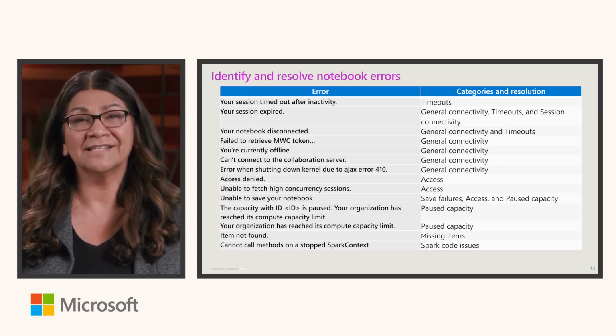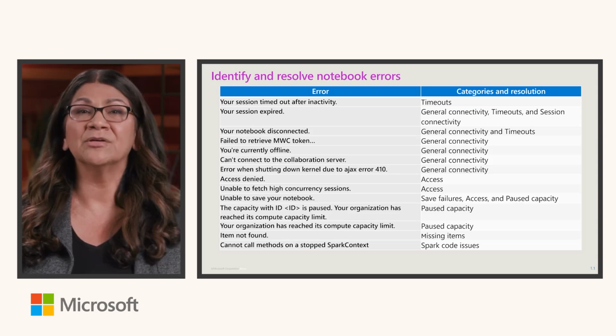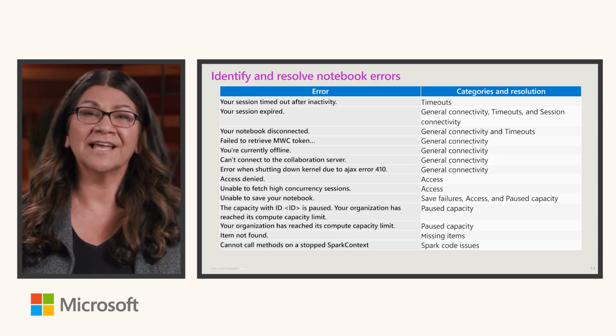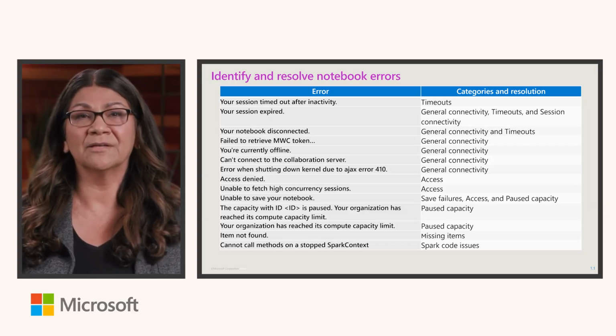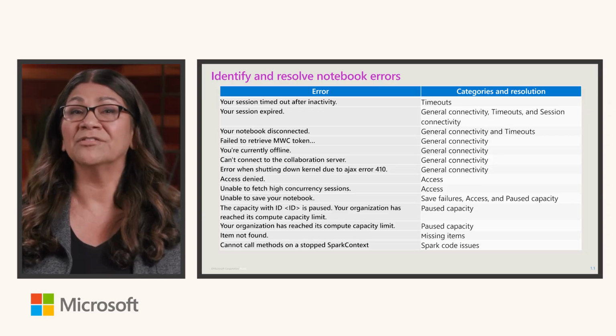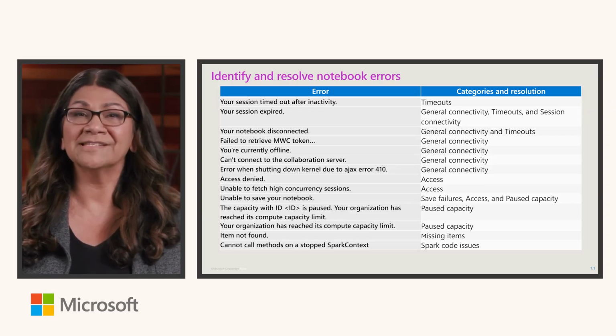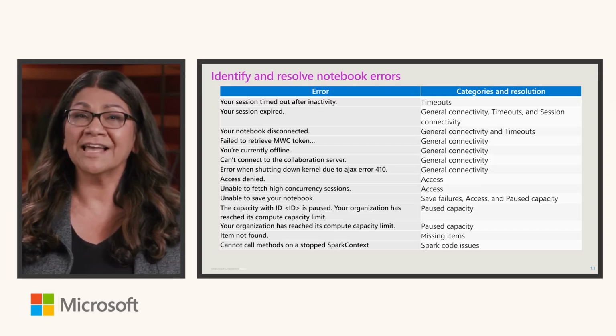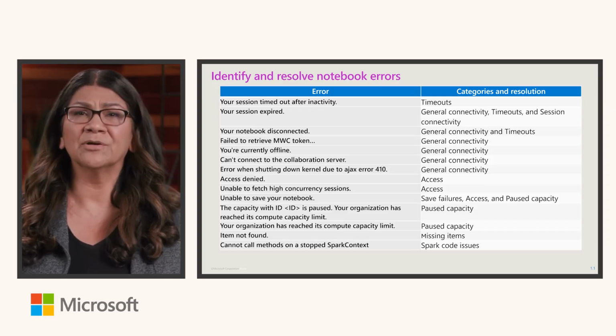If you see access errors, check your sign-in credentials, permissions, and tenant settings, and don't hesitate to contact your admin if you're still blocked. For paused capacity, only an admin can resume it, so know the steps to escalate. Missing items may be deleted or moved, so use global search or contact the owner. Save failures are often due to network drops.